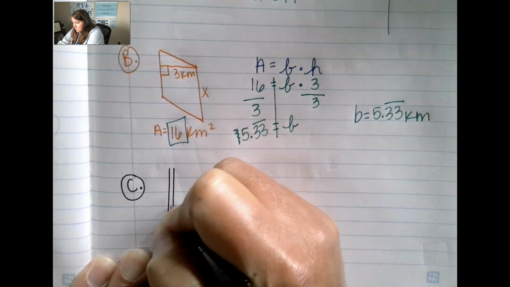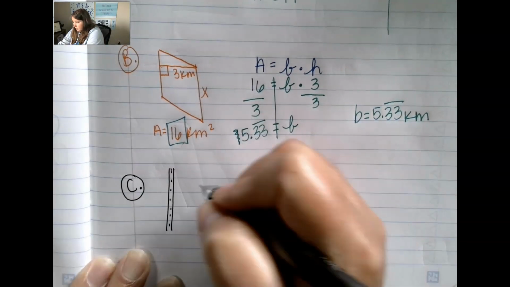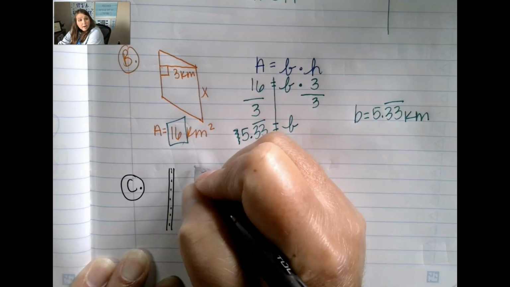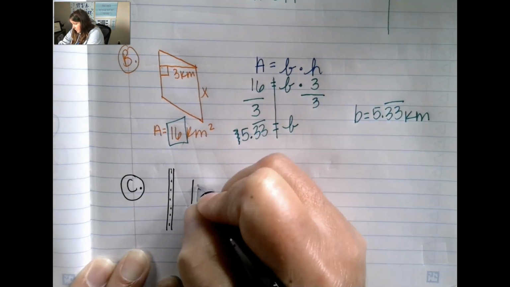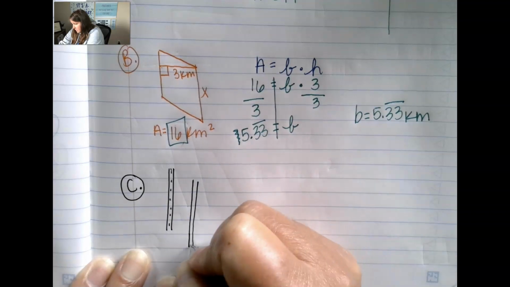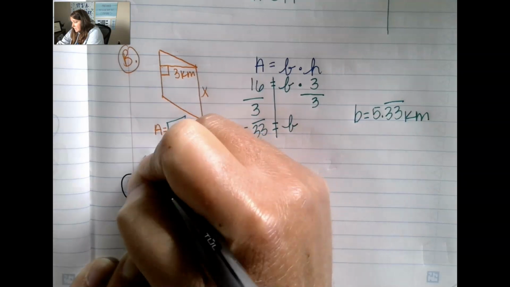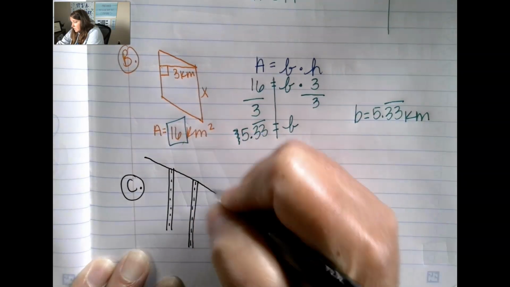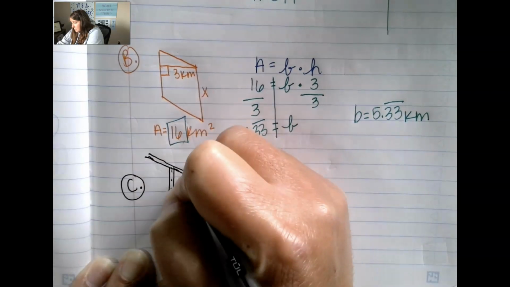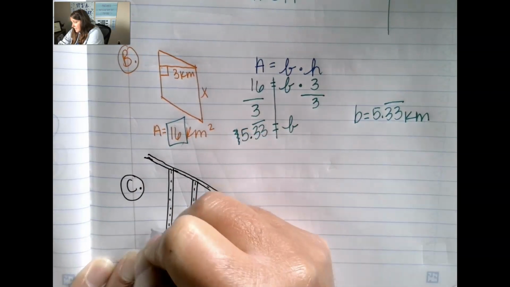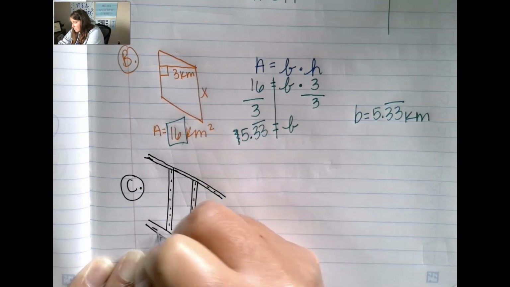So here's your dotted street going that direction, and it's parallel to another street going this way. There's our parallel street. And then it has a street going this way, and another street going this way.